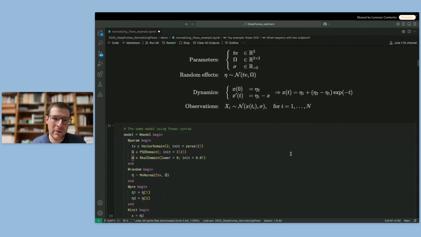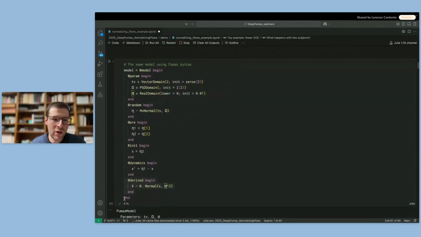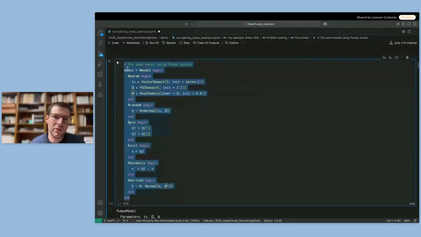Just to keep things simple. I'm not sure how many of you followed the previous webinar in the series or any other, or are familiar with Pumas, but this is the way we write a model in Pumas, and it's pretty similar to the mathematical formulation. So we have a parameter block where we write parameter names and the domains to which they belong.